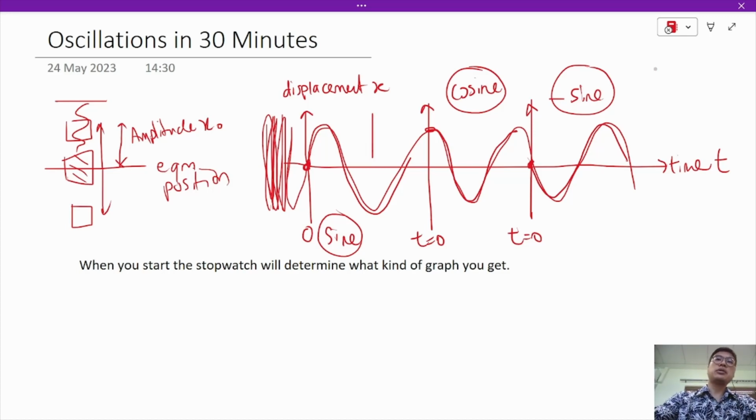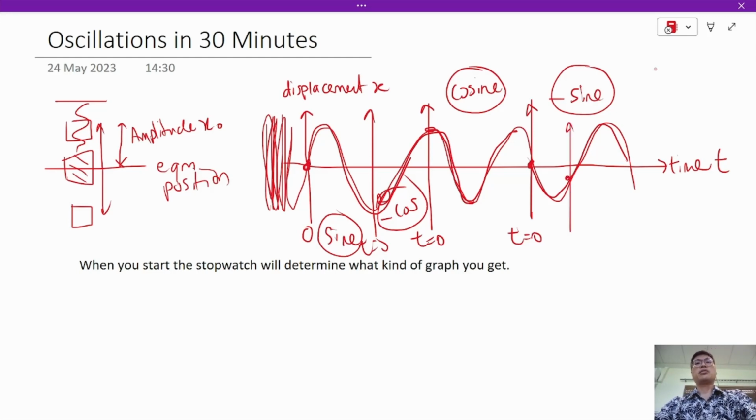You could start the stopwatch over here, at t equals 0, and then you get a negative cosine graph, minus cos. Or you can start the stopwatch anywhere in between, at some random place, and then you get a graph that isn't a sine or a cosine, but something plus a phase shift. So the first thing you need to know about oscillations is that when you start the stopwatch determines what kind of graph you get.